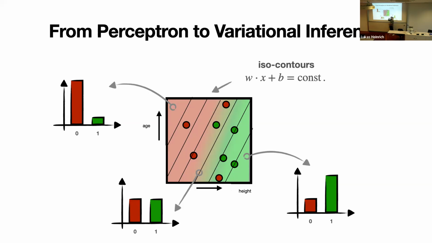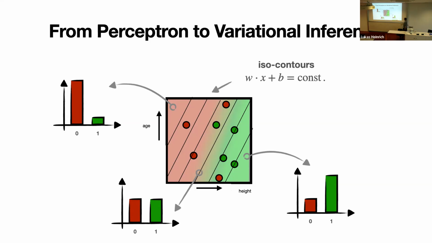Previously we had: okay, wx plus b greater than 0, we said it's one class, and if it's smaller than 0, it's the other class. So this is the decision boundary. But then we have different possible iso levels, and we have our sigmoid wrapped around this. And so this is how we get this gradient.